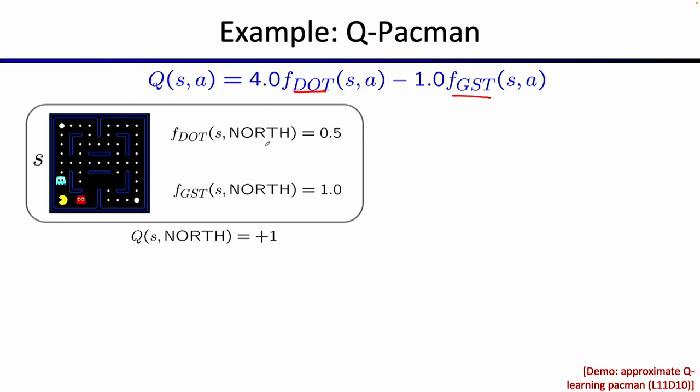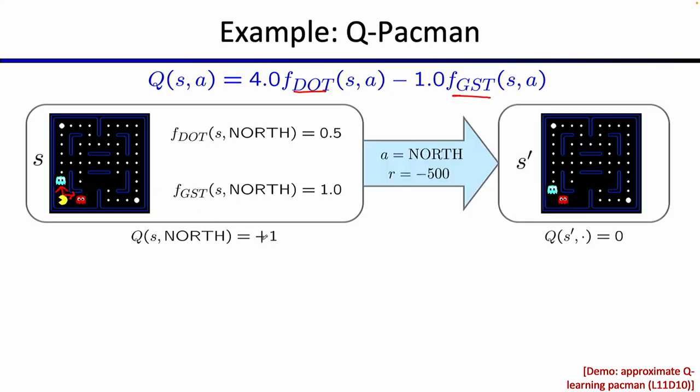We're in this state, these are the values of the features, and we take an action north. So this is the expected Q value in this function. We think moving north is going to give us reward +2.